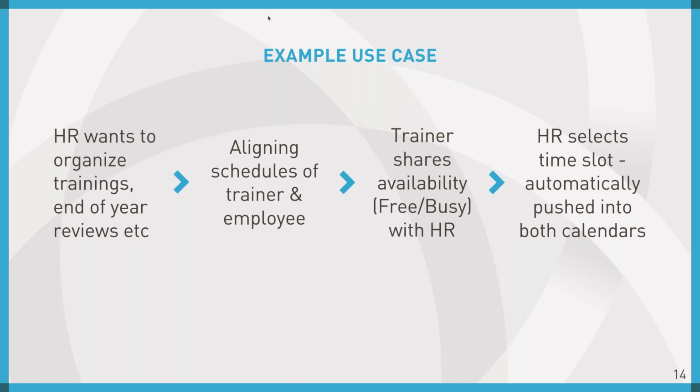With Cronofy, trainers can share their availability, so free/busy information, so HR can find a free slot. Then HR simply selects it, and that pushes it into the trainer's calendar as well as the employee's. So there's no risk of double booking or having to reschedule at short notice.